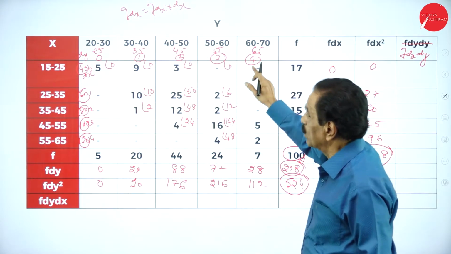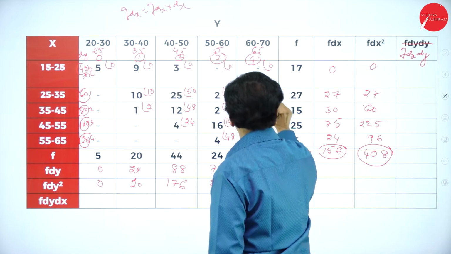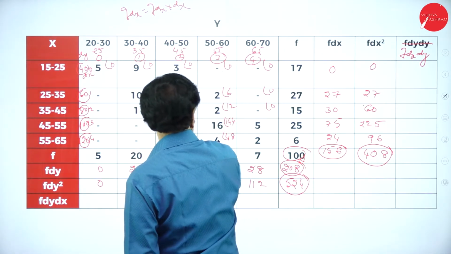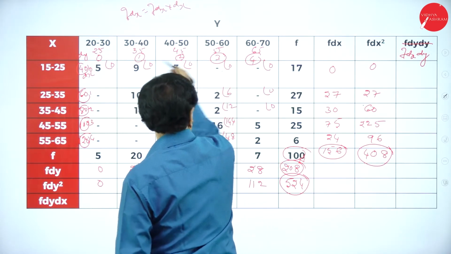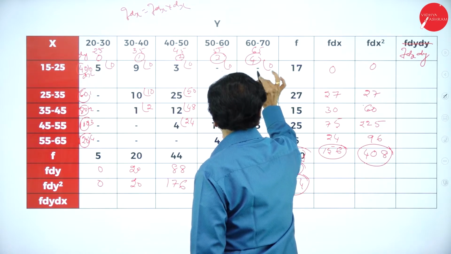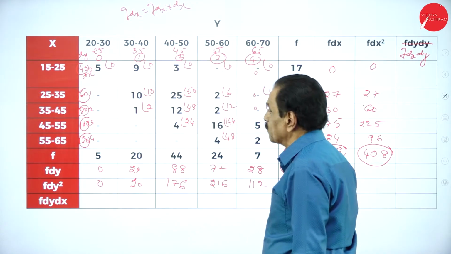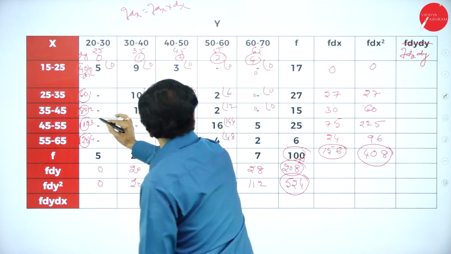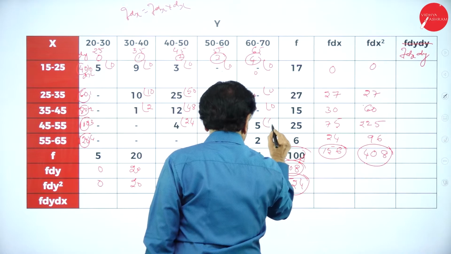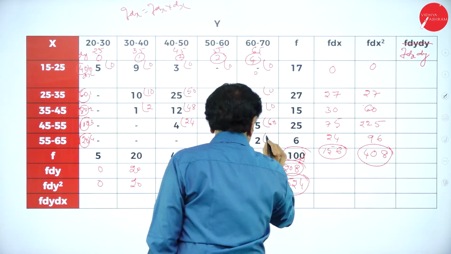Last one, 4. This is nothing, 0. Here also 0, nothing is there. 4 ones are nothing, 0. This is 0. Nothing is there. 4 threes are 12. 12 fives are 60. 4 fours are 16. 16 twos are 32.